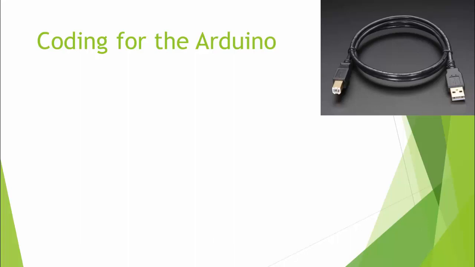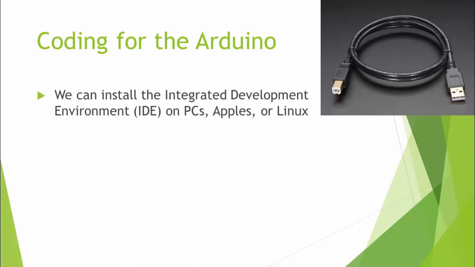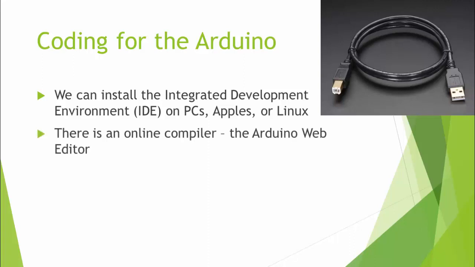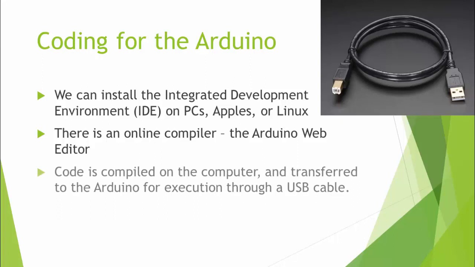When we want to program the Arduino, we can install the IDE on various computer platforms. And there's also an online compiler, the Arduino web editor. And then once we've created our program, we can push the compiled code to the Arduino for execution through a USB cable.